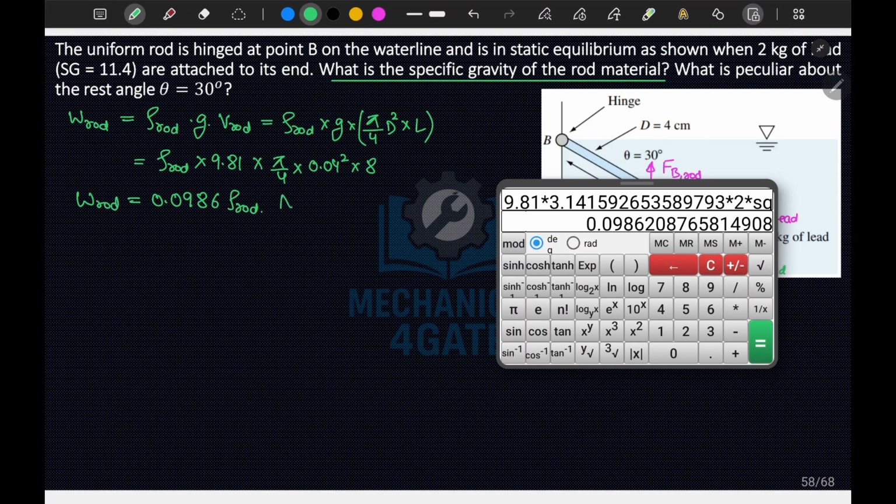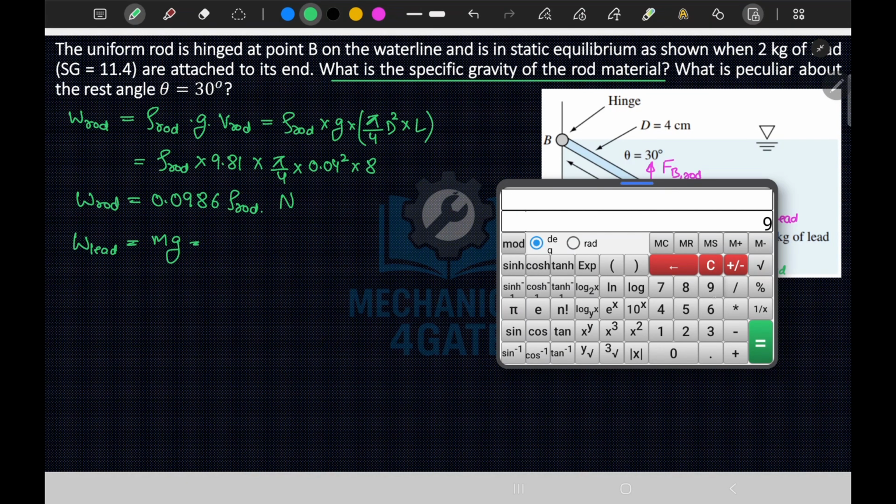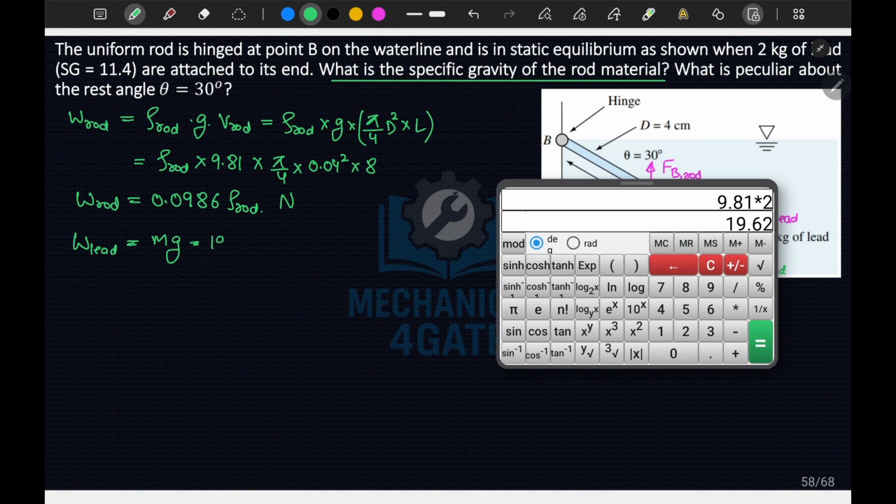This is in Newton. Now your weight of lead is equal to mg, and your mass is given as 2 kg. So 2 times 9.81, this is 19.62 Newton.